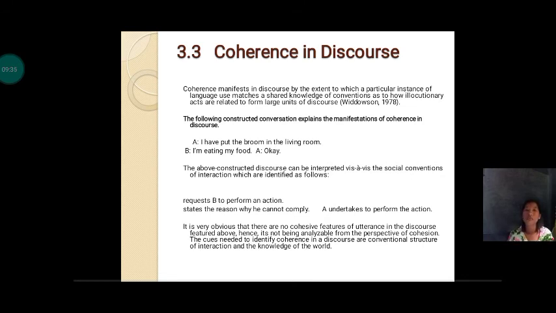It is very obvious that there are no cohesive features of utterance in the discourse featured above. Hence, not being analyzable from the perspective of cohesion, the cues needed to identify coherence in a discourse are conventional structure of intent, interaction, and knowledge of the world.